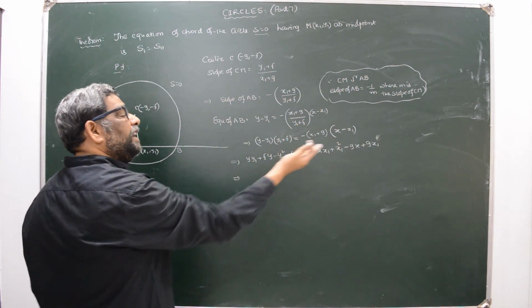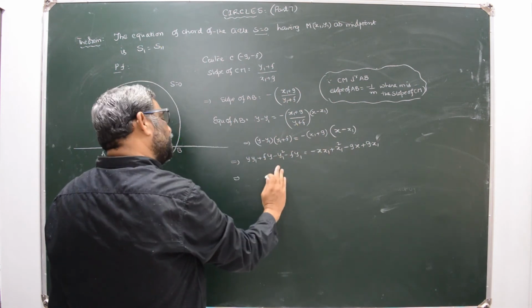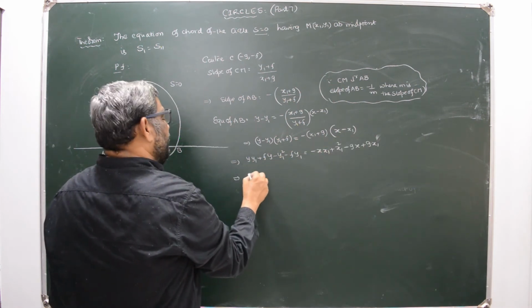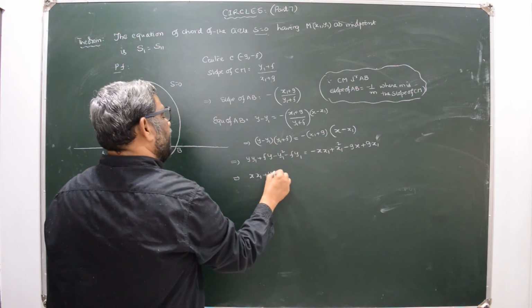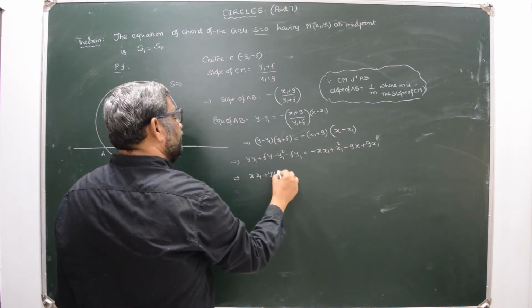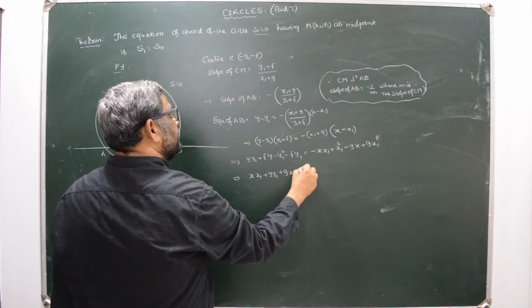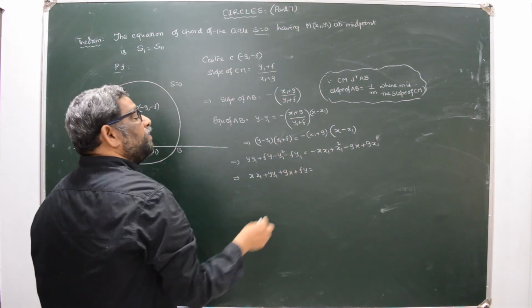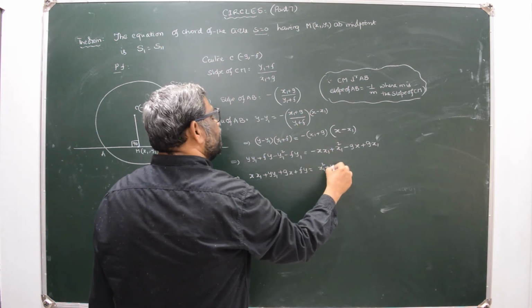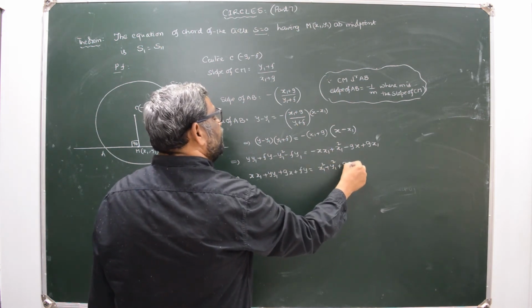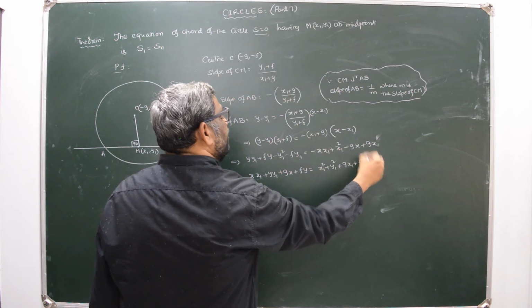We'll bring the negative signs on this side to that side. xx1, I'll bring it here, plus yy1 plus gx plus fy is equal to x1 square plus y1 square plus gx1 plus fy1.